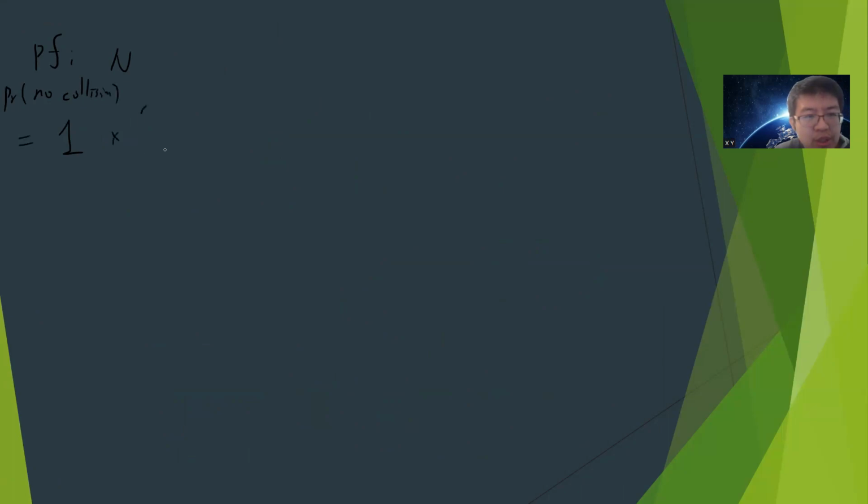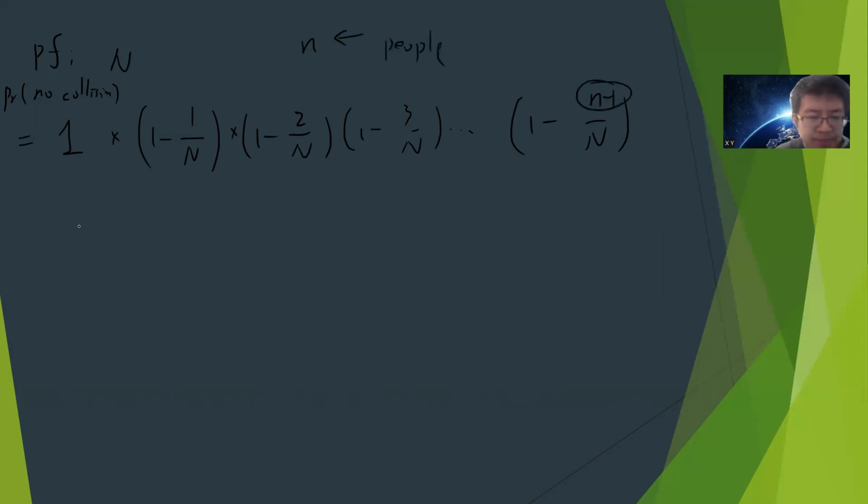It is 1 times, for the second person, 1 minus 1 divided by n, because the second person cannot choose the same birthday as the first, and so on for the third, until the final person, who has 1 minus (k minus 1) divided by n.